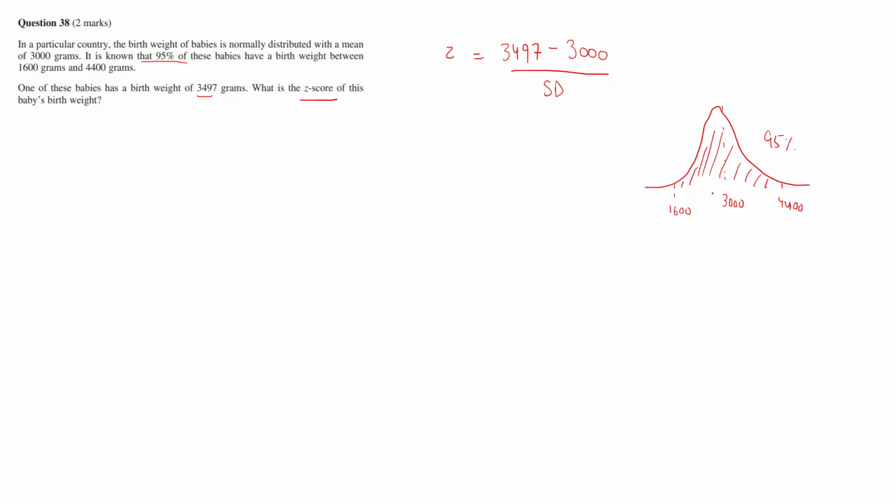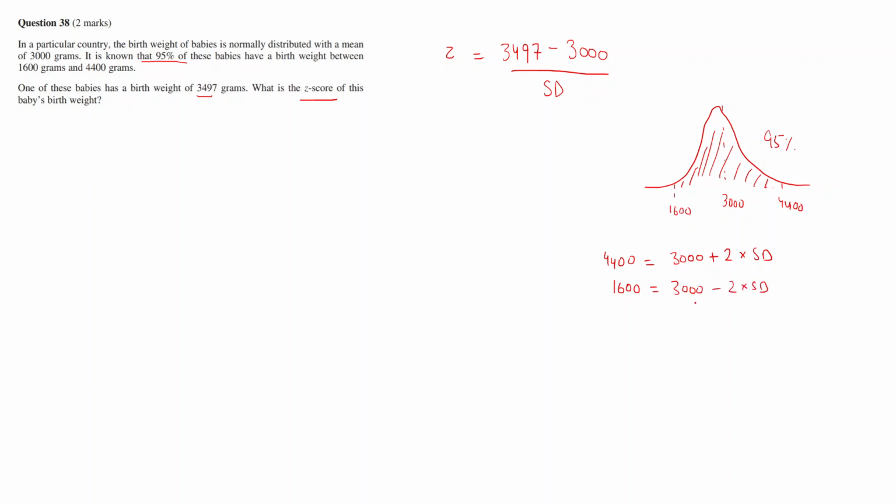Now the empirical rule says that if a distribution is normal, then within 2 standard deviations lie 95% of the values. So I can say that this value 4,400 is equal to 3,000 plus 2 standard deviations, or I can also say that 1,600 is equal to 3,000 minus 2 standard deviations.